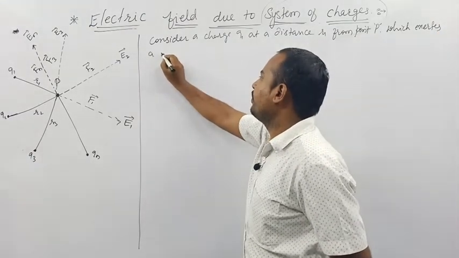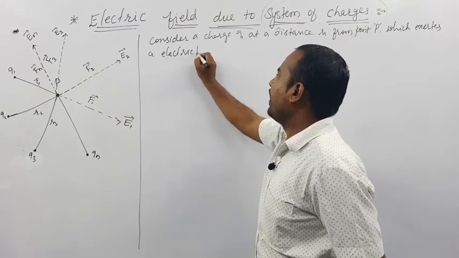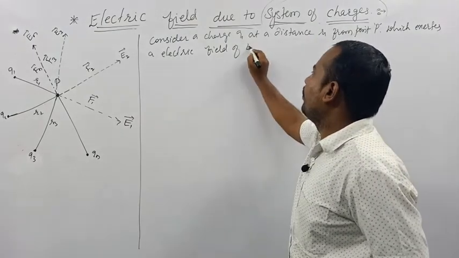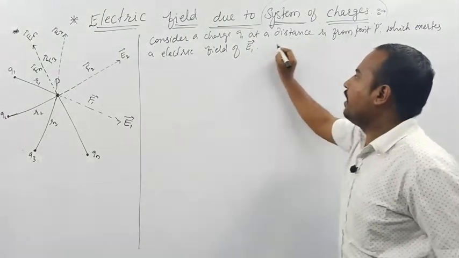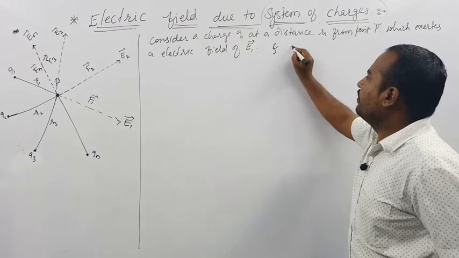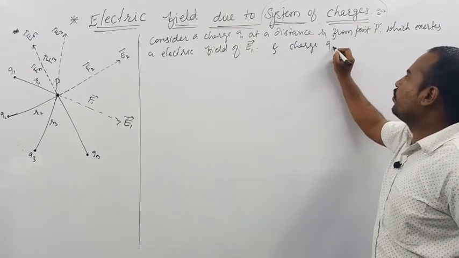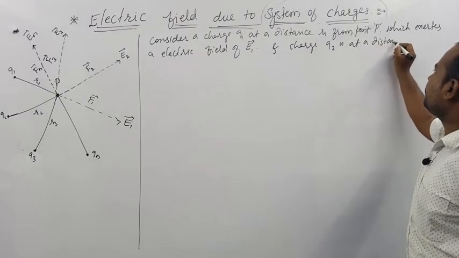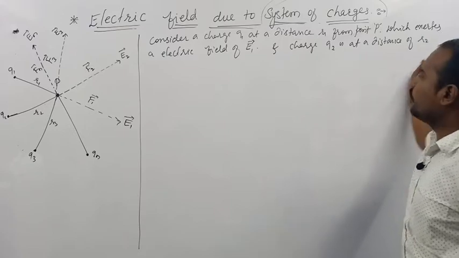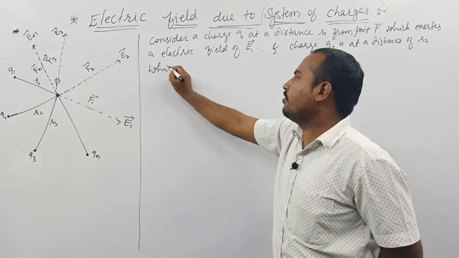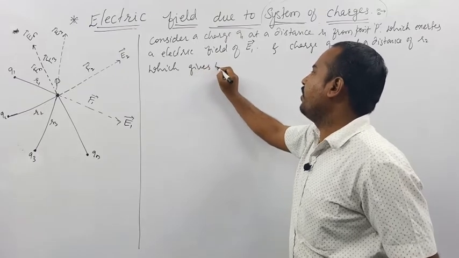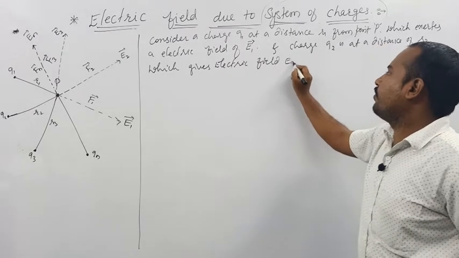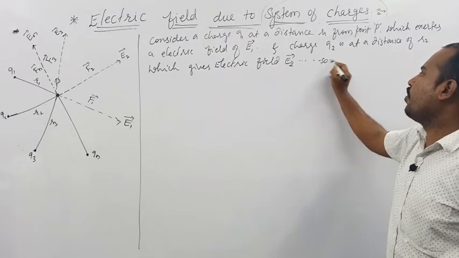Charge q1 exerts an electric field of vector E1, and charge q2 is at a distance of r2, which gives an electric field of vector E2, and so on.